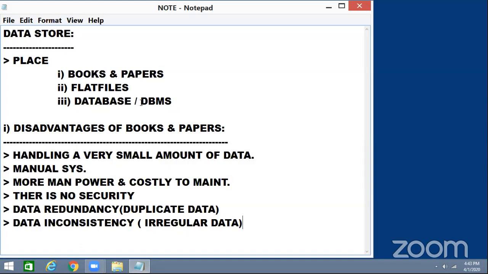So the data does not have a proper systematic format; some data is missing, some data is corrupted. These kinds of meanings come out: irregular.